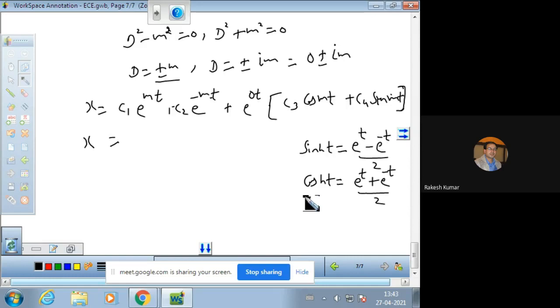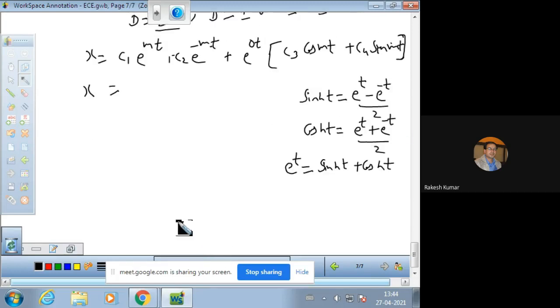Now you just see, if we add these two, e raised to power minus t is cancelled with e raised to power t, so you can find out the value of e raised to power t, and that will be sine hyperbolic t plus cos hyperbolic t by adding. This is by adding and by subtracting.